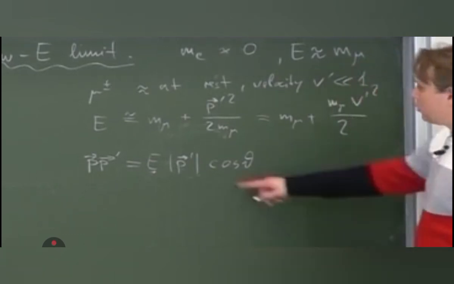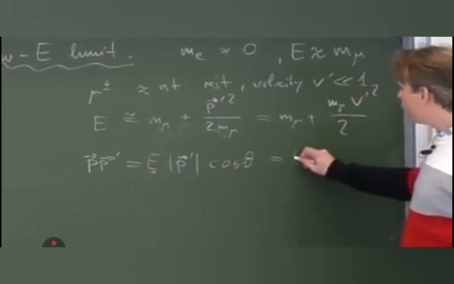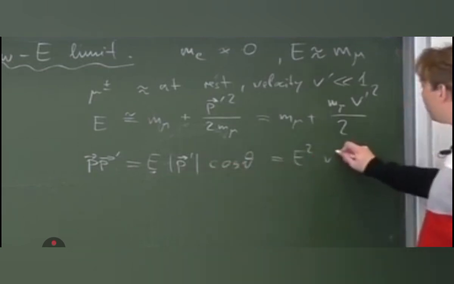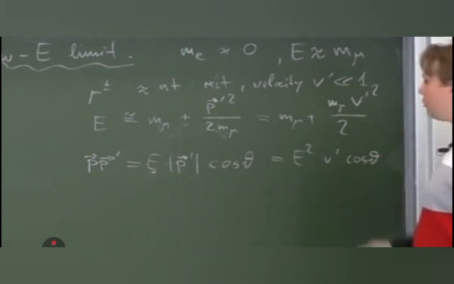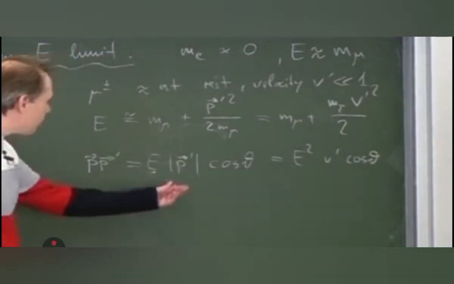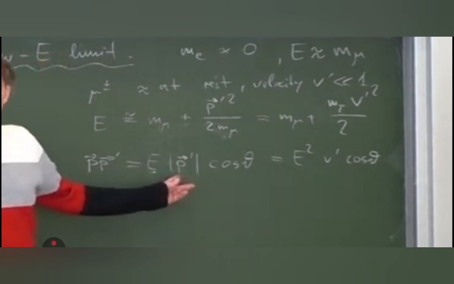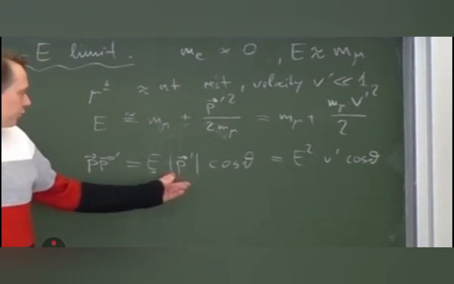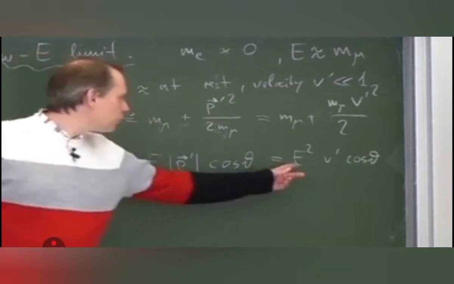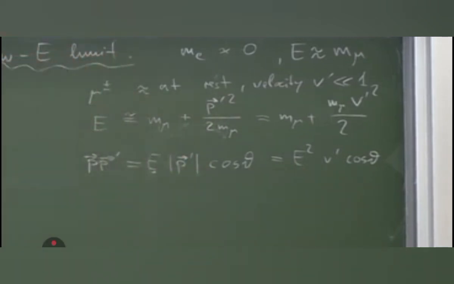And this is of course the same as E square. The momentum is given by energy times velocity V prime times cosine theta. So the momentum is given by velocity times rest mass non-relativistically, but the rest mass is approximately equal to the energy. So therefore the first approximation, that is equal to energy times velocity. And then we have all our variables and we can plug in again into our initial formula, which is still at the top of the blackboard over there.